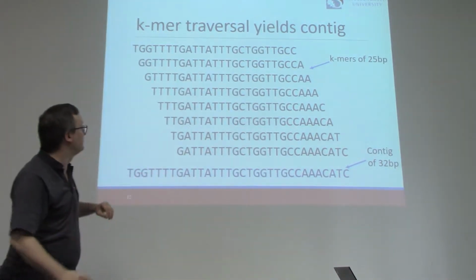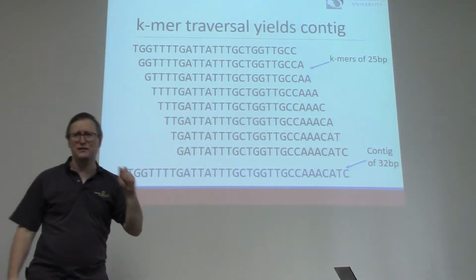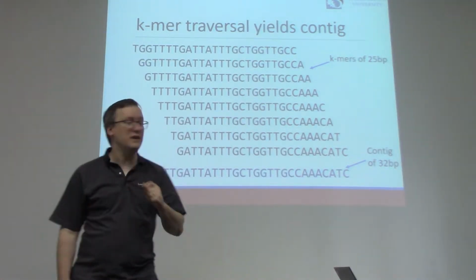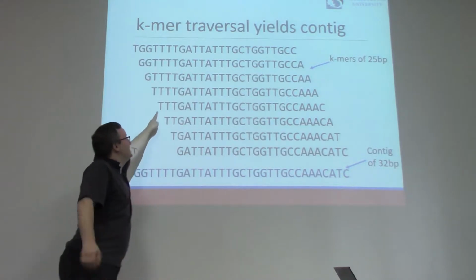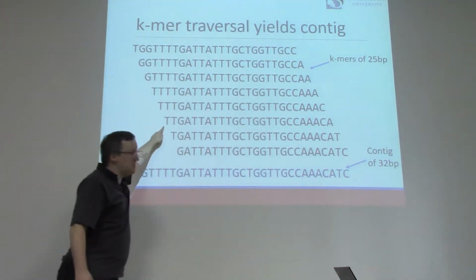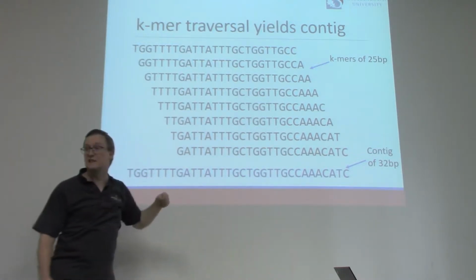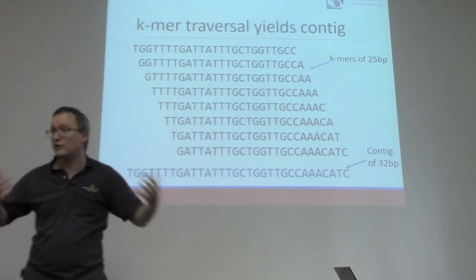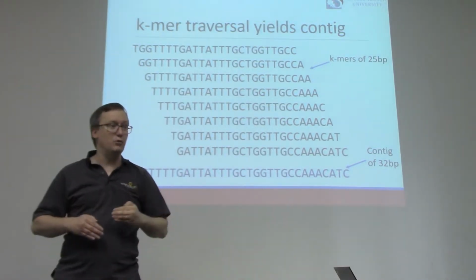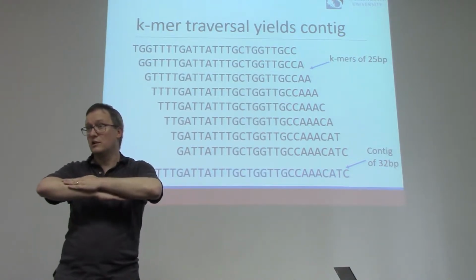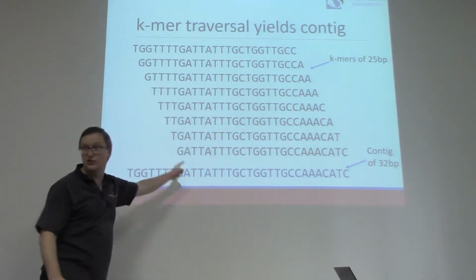So having looked through the reads, the 25-mers that I can pull from it can be overlapped in this way. I want you to think of each k-mer as a point in a graph. Okay, so this TTTTGATT, that is a node in our graph. TTTGATT, that's another point in our graph. TTGATT is another node in the graph. Every time we have an all but one overlap for these k-mers, I am going to create an edge.